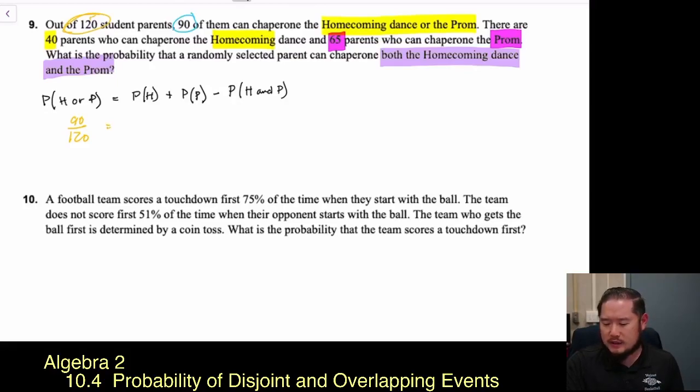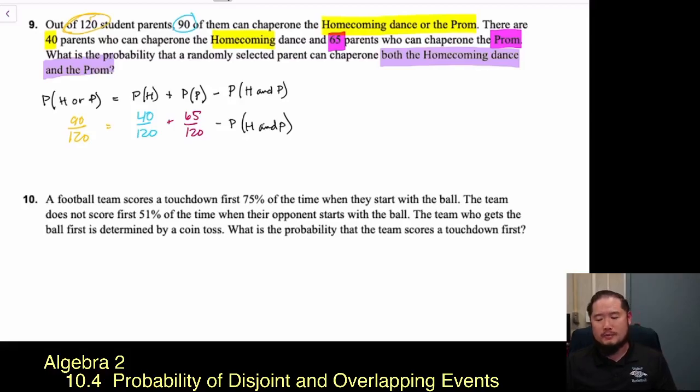In the second sentence right here, the probability of homecoming happens to be 40 out of 120. And then we have the probability of prom parents chaperoning, and that would end up being 65 out of 120 total. And so we need to figure out this last part, the overlap. How many can do both?